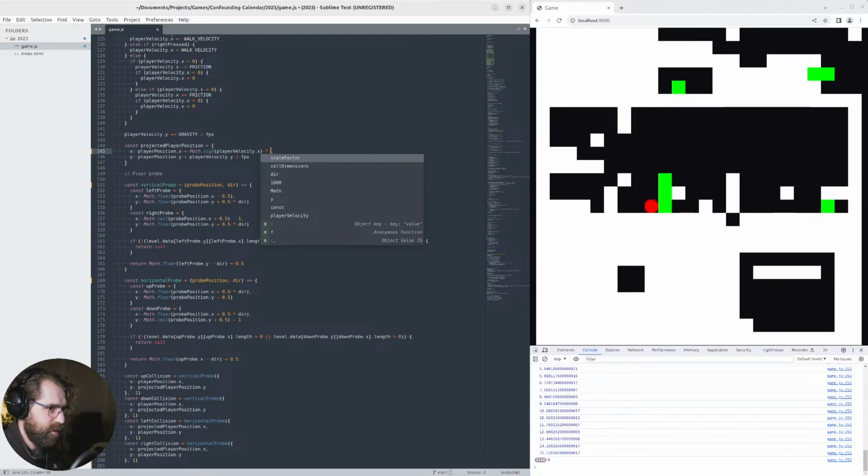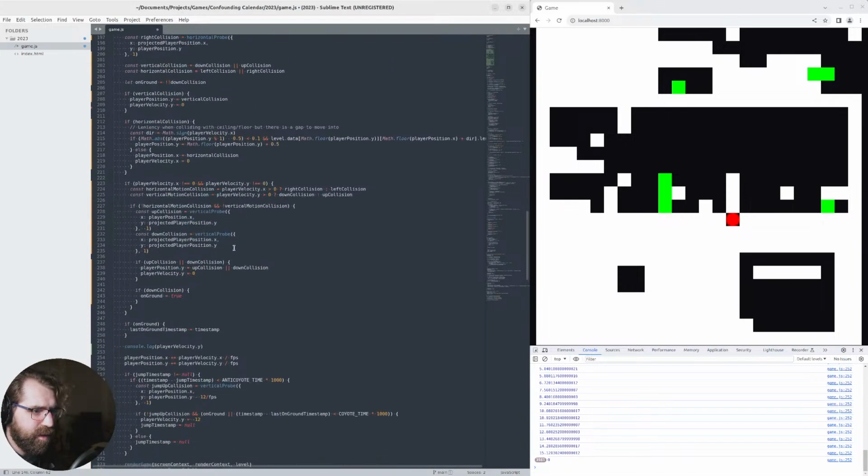For example, I mean, it would be tiny. So we could just do... Let's do that, I guess. Math.sin of that times 0.5.